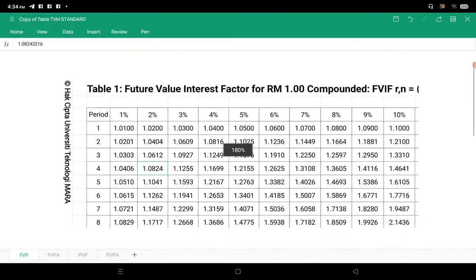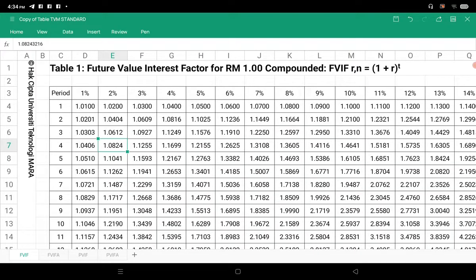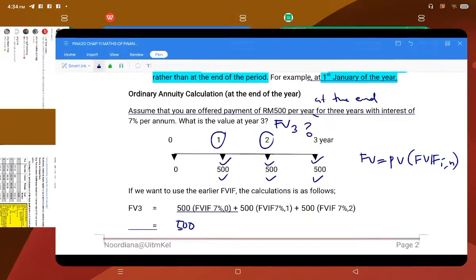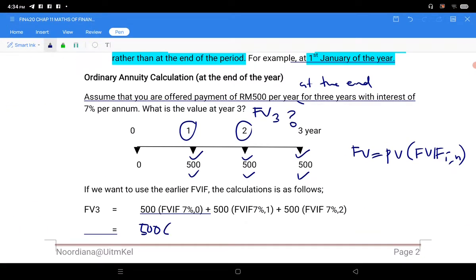Kalau 0 dia akan back to normal, back to the same figure iaitu 1. Kalau pada tahun period yang kosong, okay, nilai dia akan jadi 1.000. Okay, 1. So that's why kat sini 500 dia akan darab dengan nilai 1.000 lah. 4 decimal places contoh.